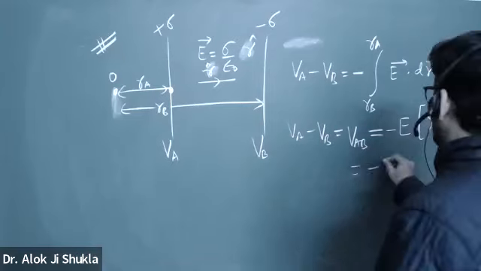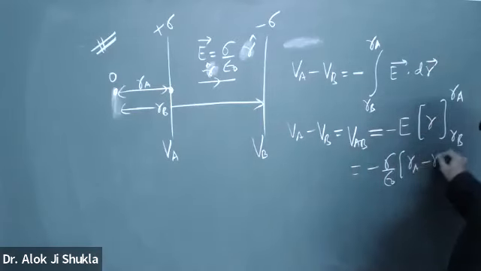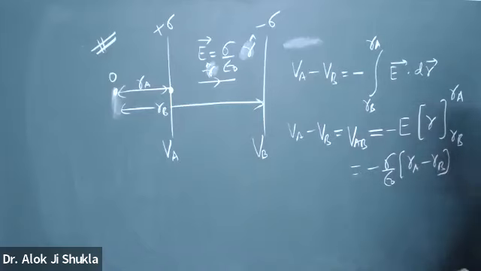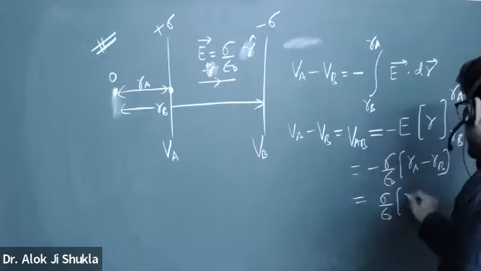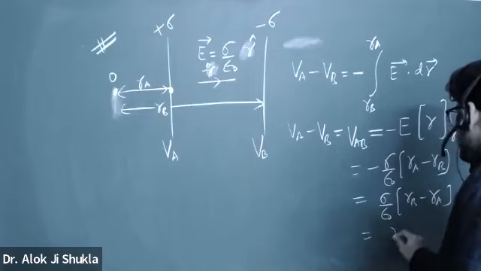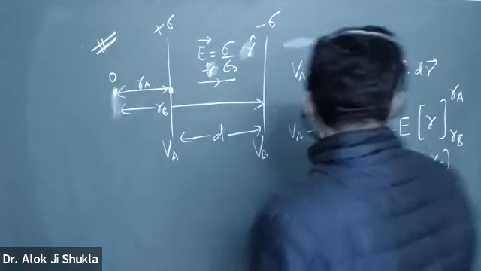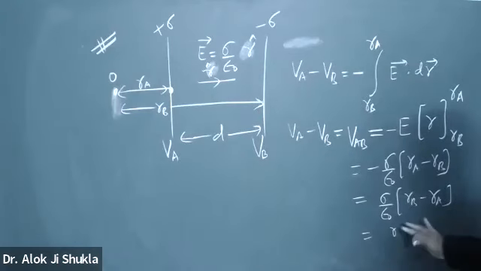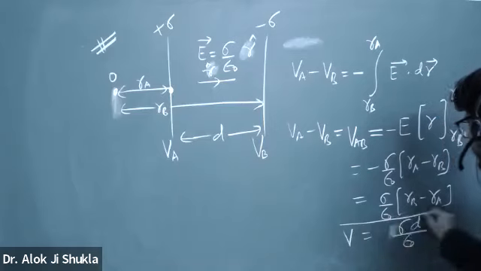So this will become minus sigma by epsilon naught ra minus rb, and if you take sign inside it will become sigma by epsilon naught rb minus ra. So this will become sigma, suppose this distance is d, so it will become sigma d by epsilon naught. So this is the potential difference.